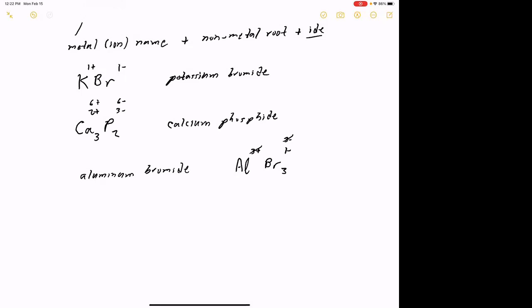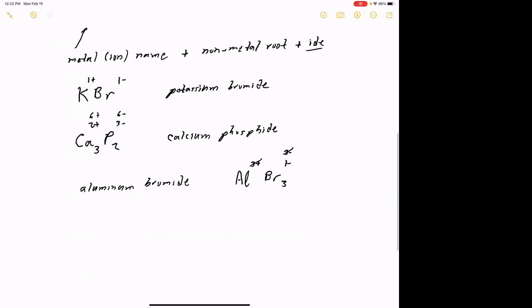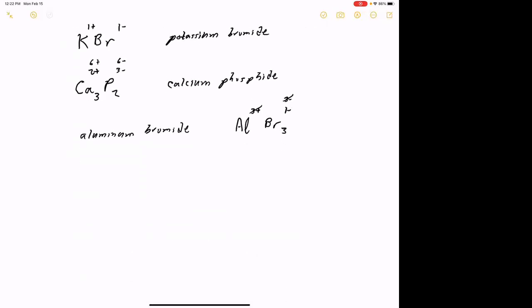All right, so that takes care of the type 1 compounds. The type 2 compounds work pretty much the same way, but now we're going to talk about species that have transition metal ions in them. So we're going to move away from the main group and go to the transition metal ions. We'll call those the type 2.